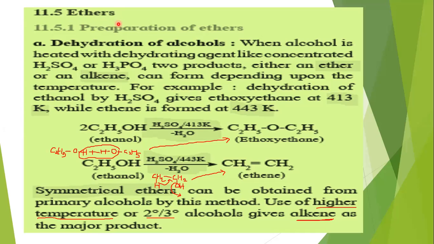About ethers, already we have seen definition and nomenclature of ethers. So what is definition? Just recall, ethers are alkoxy or aryloxy derivatives of alkanes or aromatic hydrocarbons. So these are ethers, and they can be represented by formula ROR or ROAR.